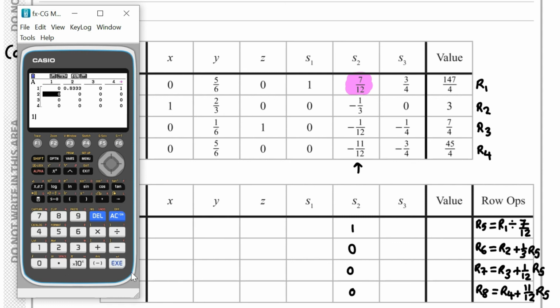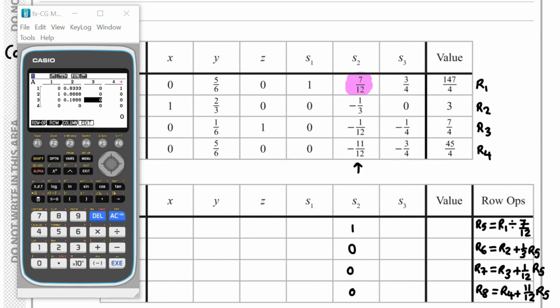Now here we've got 1, 2/3, 0, 0, minus 1/3, 0, and 3. Here we've got 0, 1 over 6.